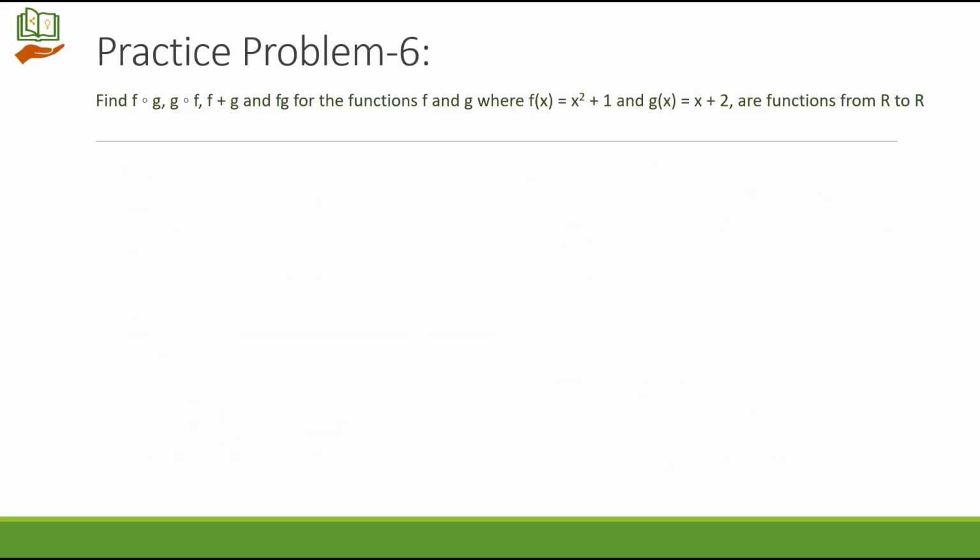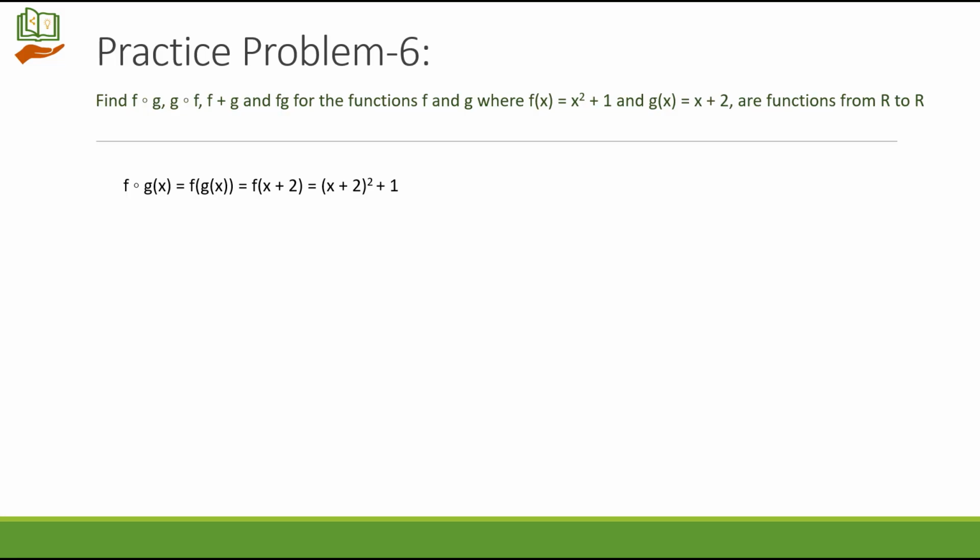Next problem. This is regarding composition of functions. Find f composition g, g composition f, f plus g and f into g for the functions f and g where f of x is equal to x square plus 1, g of x is equal to x plus 2, are functions from R to R. So let's start with the first, composition of f and g.